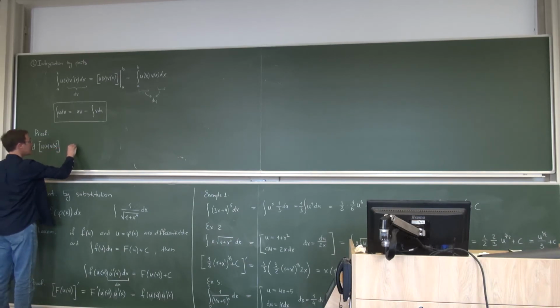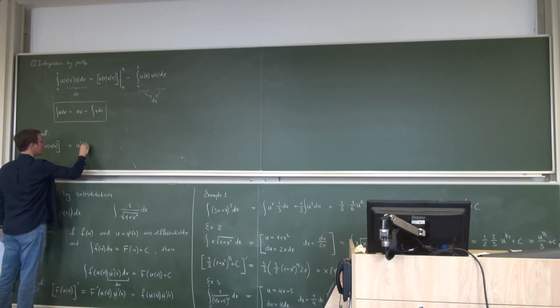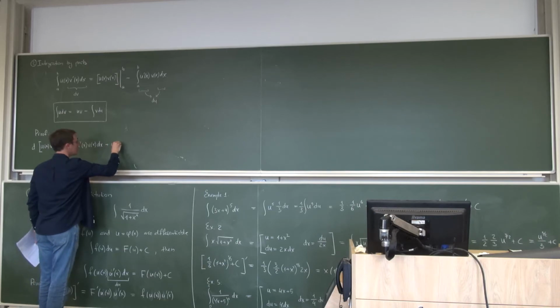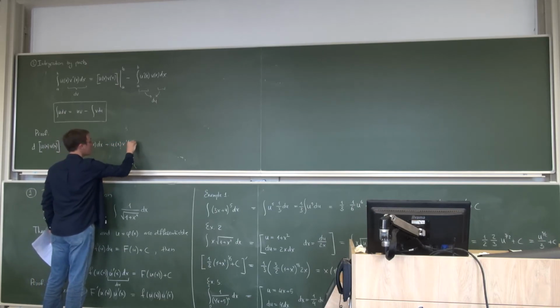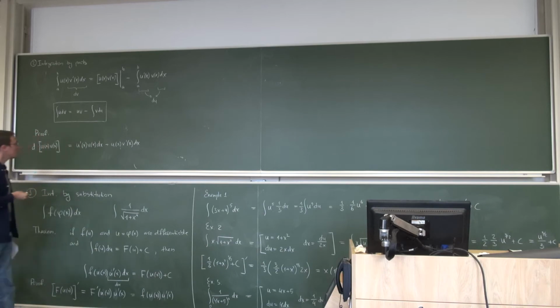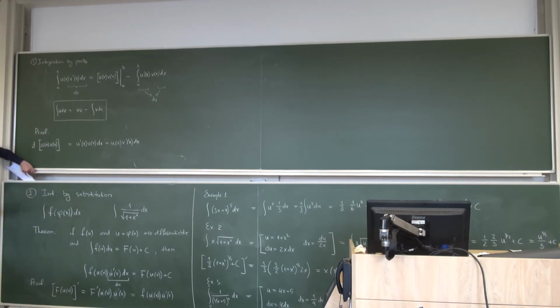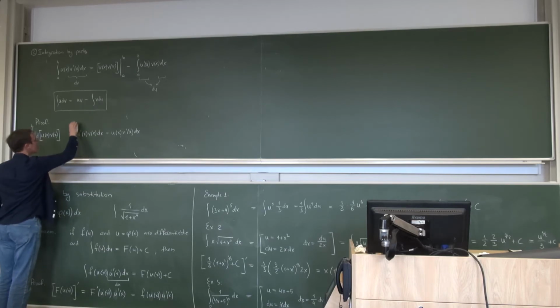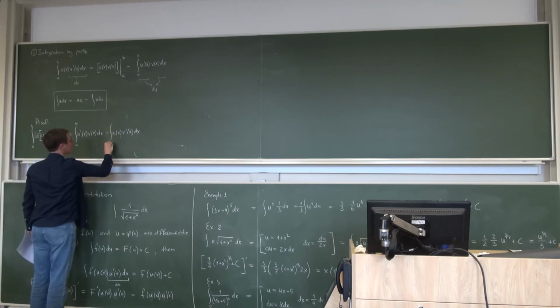So what we will have is d(uv) equals u'(x) v(x) dx plus u(x) v'(x) dx. That's just differentiation. And then what I'll do is I will integrate both sides of this expression from a to b. Put an integral from a to b, integral from a to b, and an integral from a to b.